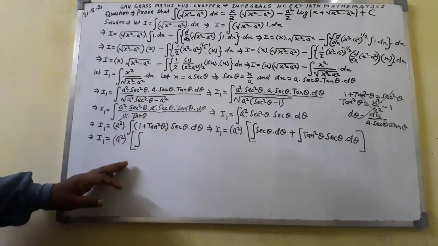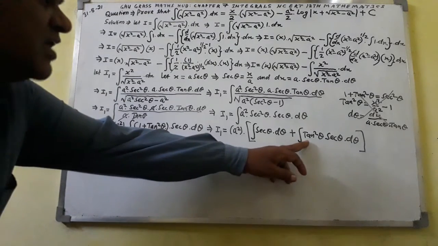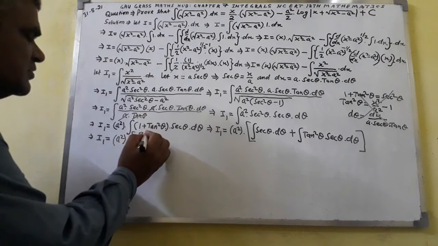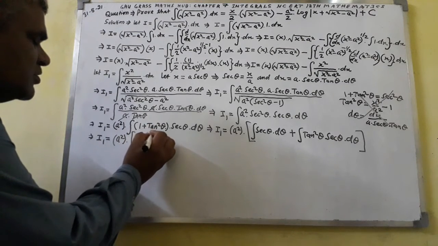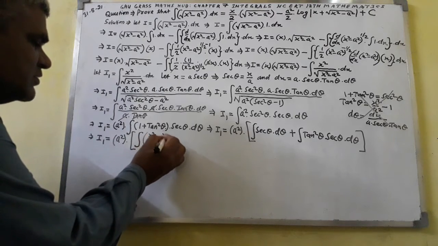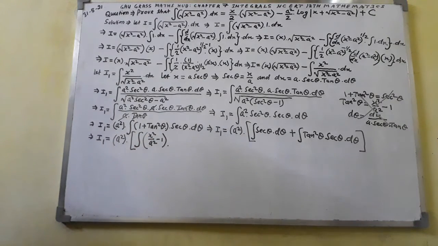So here I shall write, in place of tan square theta, in bracket x square over a square minus 1. This thing I shall write.